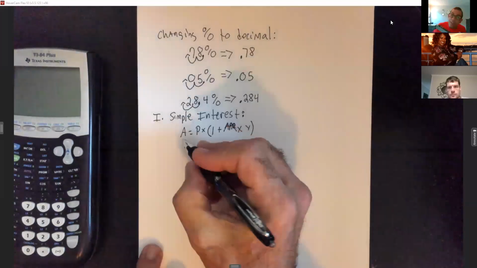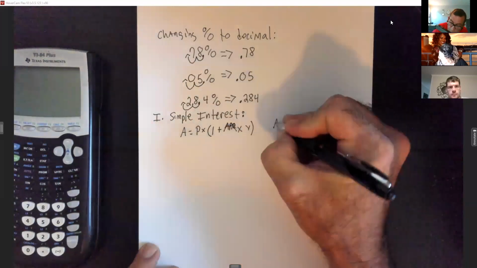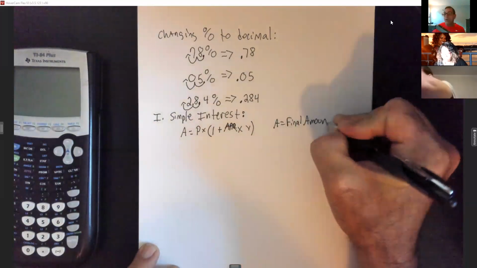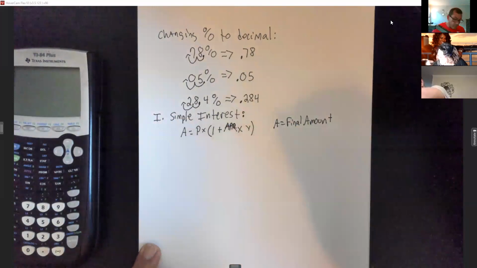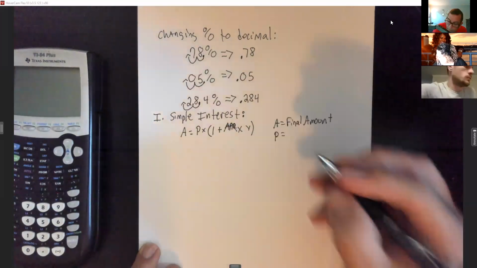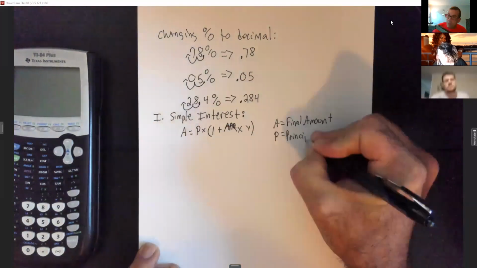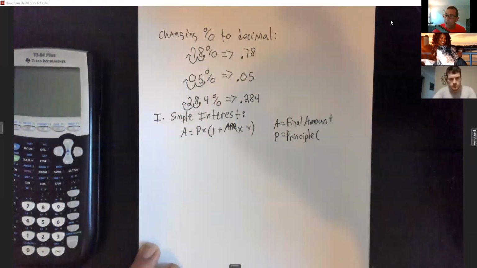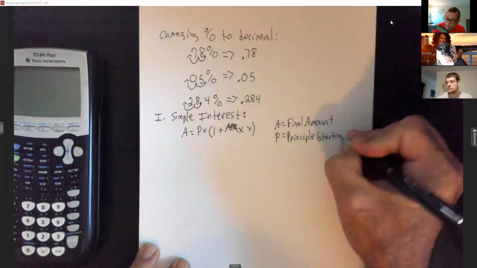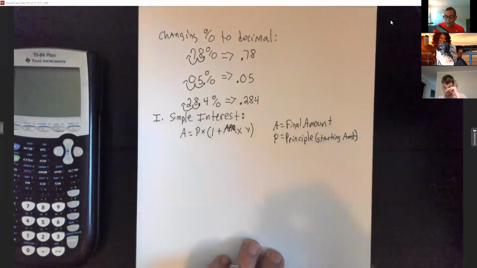A is the final amount that you're going to pay with this interest. P is your principal. And y'all remember, principal is your starting amount. All right, then we got parentheses.